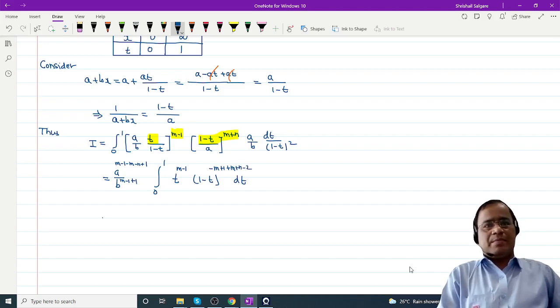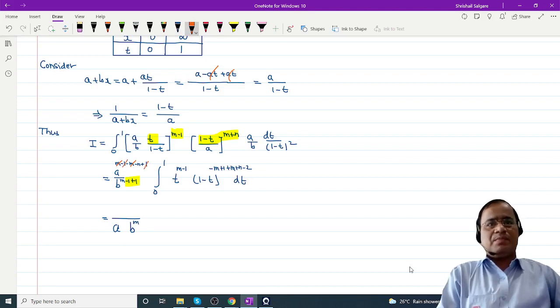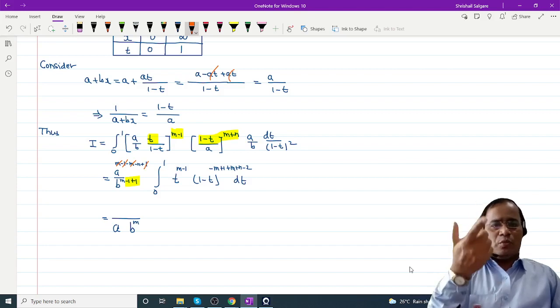So make me correct if I am wrong. As per our requirement, both terms we have to write in the denominator, I think. So here for b, raised to plus 1 minus m get cancelled, it is b raised to m. And for a, minus m plus m minus 1 plus 1 get cancelled. And that a term I am writing in the numerator.